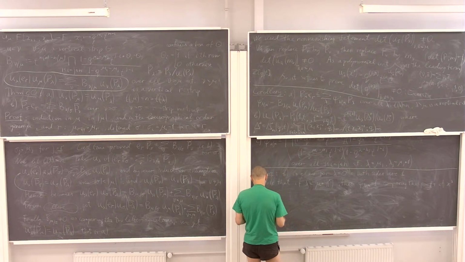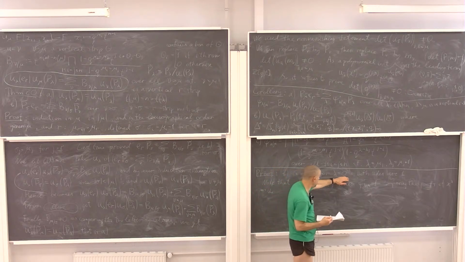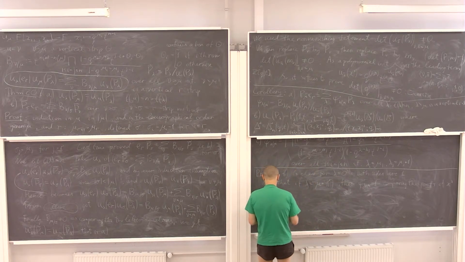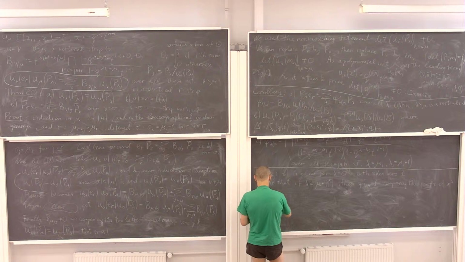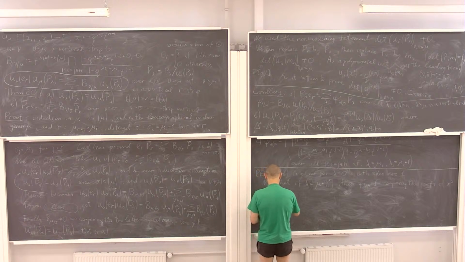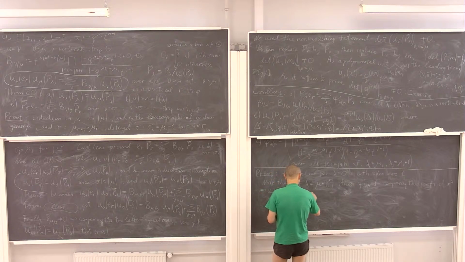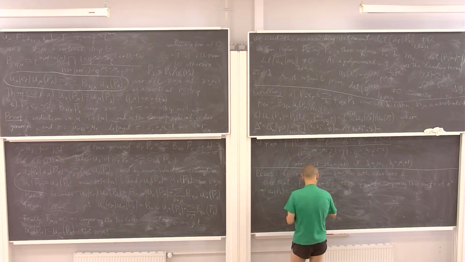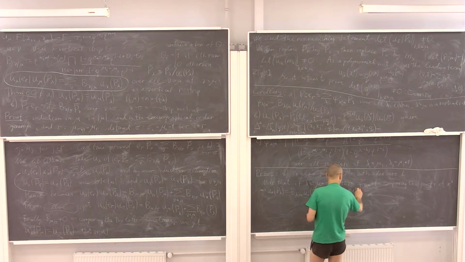Okay, and then it follows that we already know, even without this, that the evaluation of p lambda at 0 is b lambda mu evaluation of p mu at 0, for lambda equals mu plus 1 to the r.